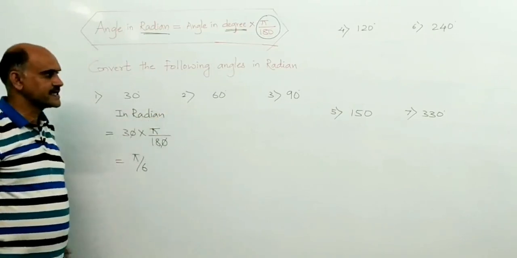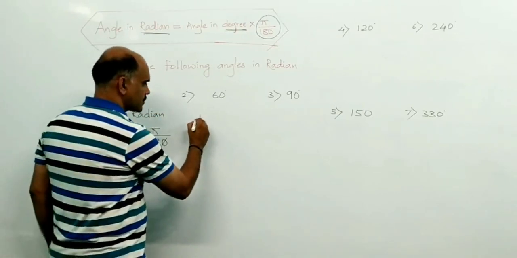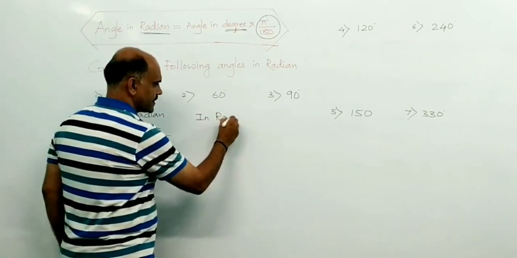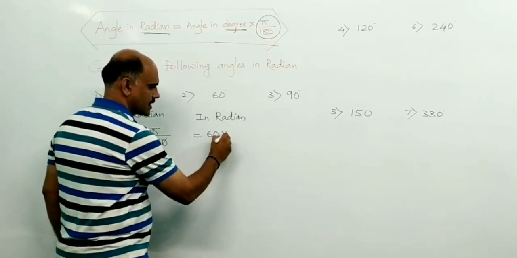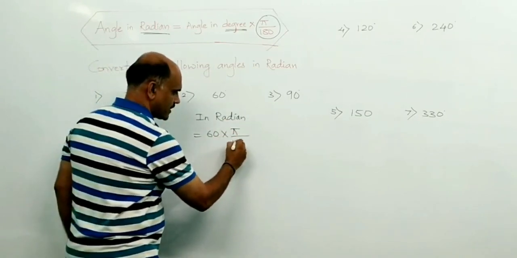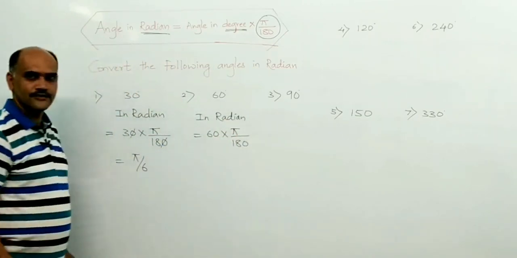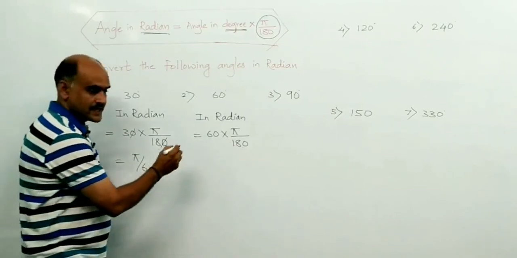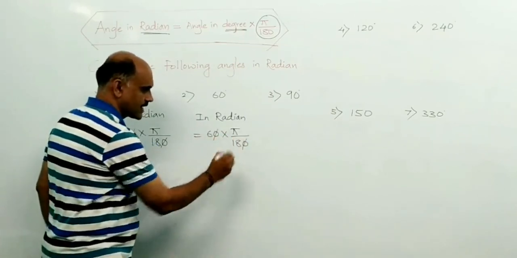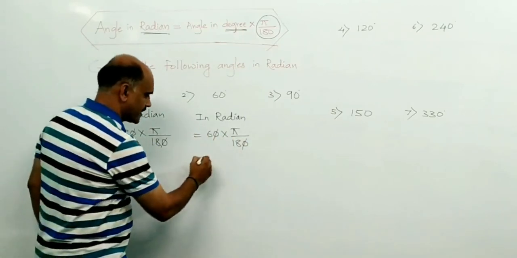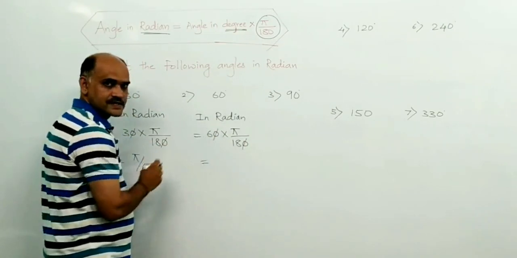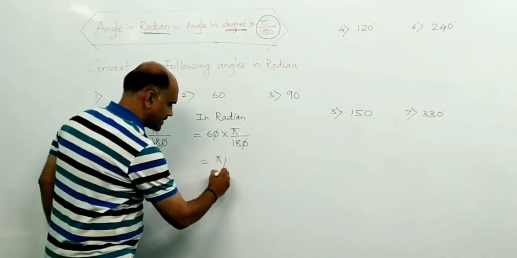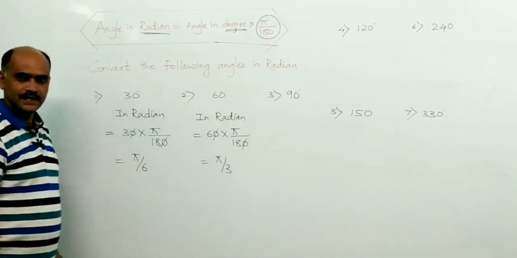Similarly 60 degree. In radian, 60 into pi by 180. Again 0 gets cancelled. You simplify this: 6 and 18 get cancelled, 6 ones are 6, 6 threes are 18. So you will have answer pi by 3.